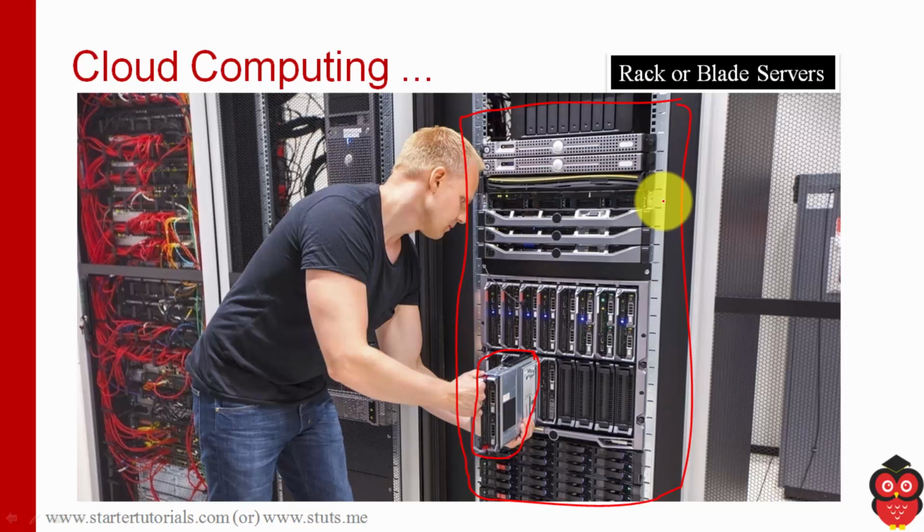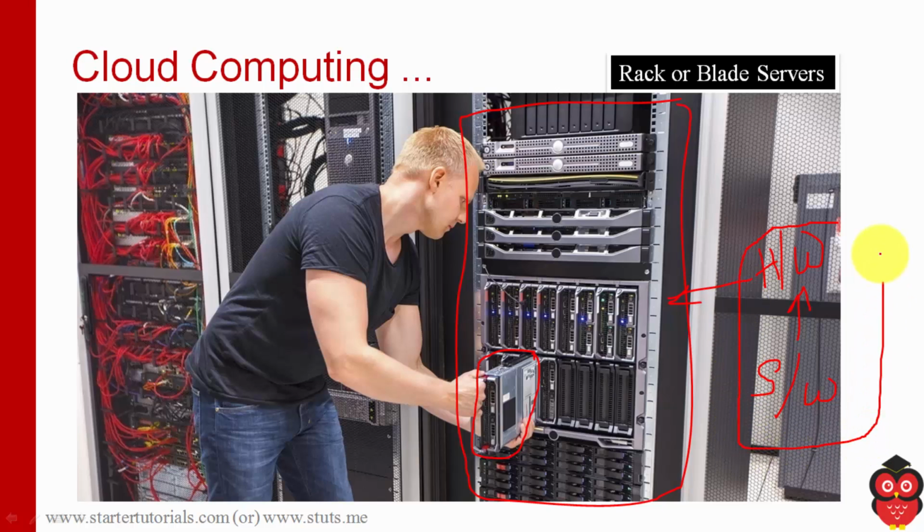Now, until now, what we are seeing here is hardware, right? And to maintain this hardware, we need software like virtualization applications, operating systems, utility applications, or whatever you consider. We need software to manage the hardware.